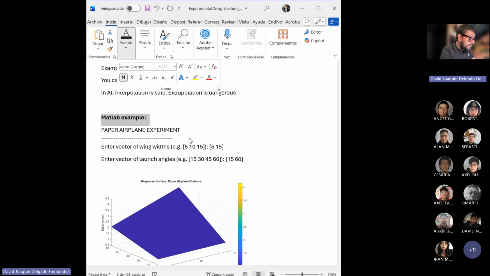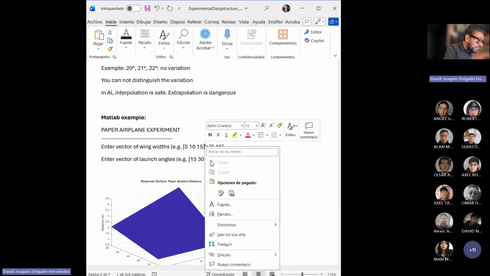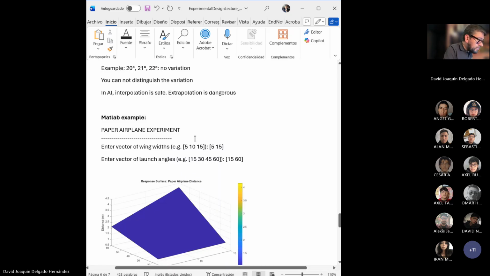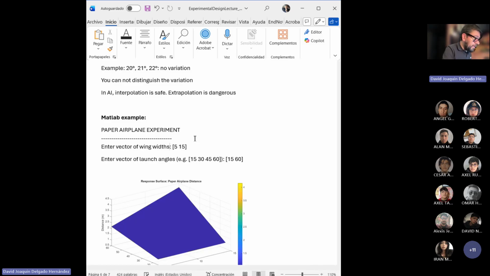In the first case, I just used 5 and 15. This is the wing width, okay? And I used, I am going to erase this example, just put the actual values. So this is just for me in the MATLAB to have an idea about the values, but here I can erase this.